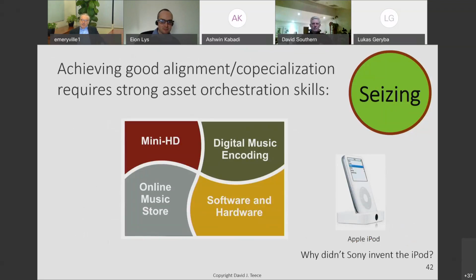Now we're backing into another aspect of good execution, particularly in the new economy, and that is getting all these complementarities worked out, and that requires what I call good or strong asset orchestration skills.